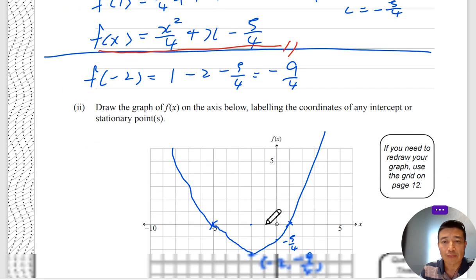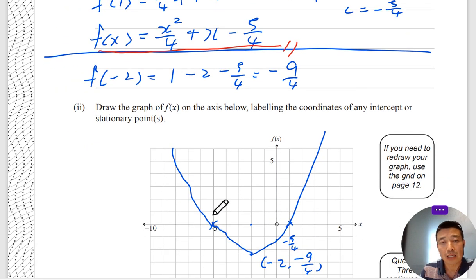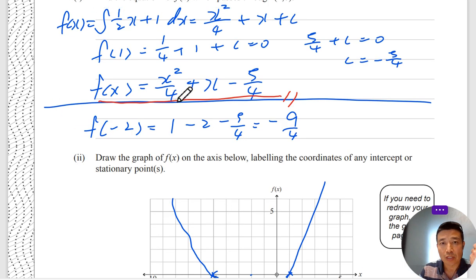Now, draw the graph. This is kind of a new question this year. Now, draw the graph of f of x, right? So, what do we know? So this is the graph we have to know.